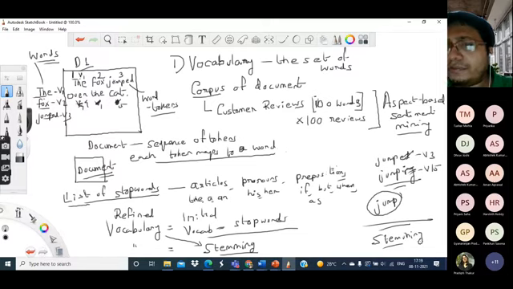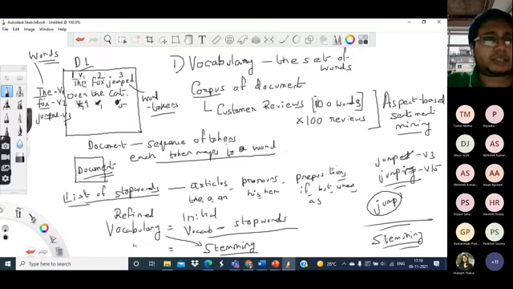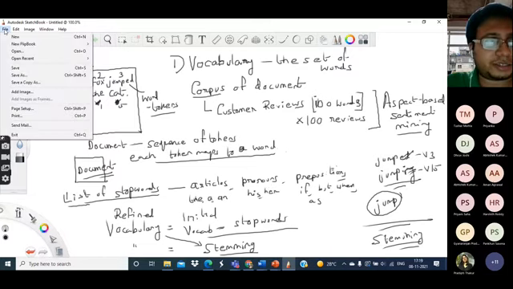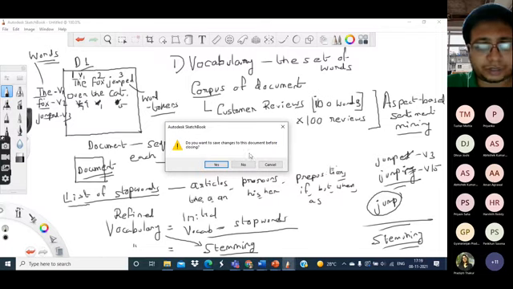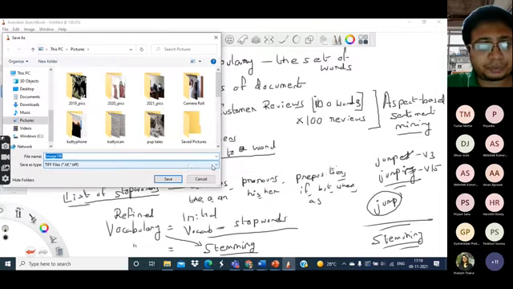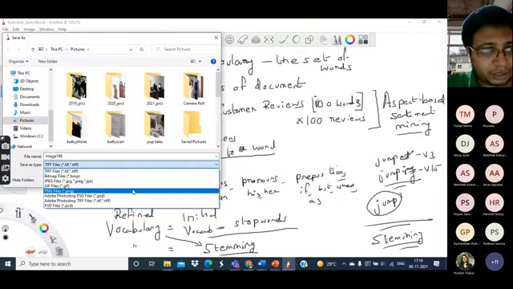And then similarly a few more things, some other kinds of preprocessing we can do, and finally what we will get is the vocabulary. Okay, so this is the first step of natural language processing, which is building your vocabulary.